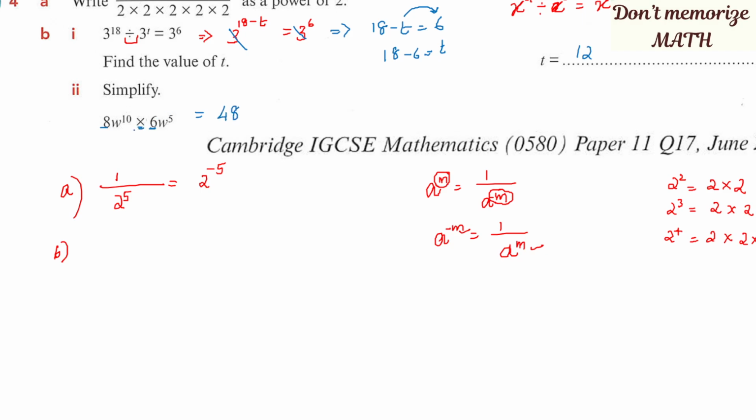If you have multiplication, we add the indices, so you will get w raised to 15. W raised to 10 times w raised to 5, we add the powers, 10 plus 5, that is 15. So the answer is 48 w raised to 15.